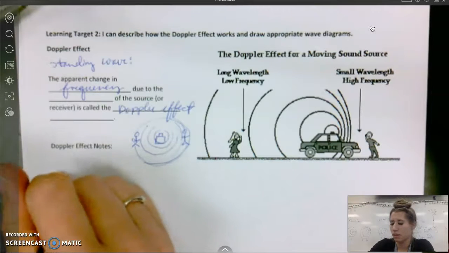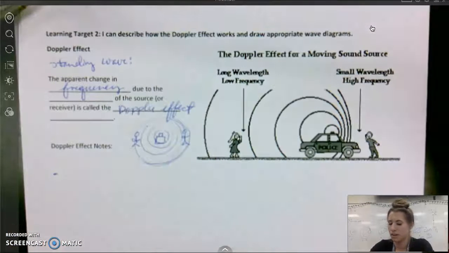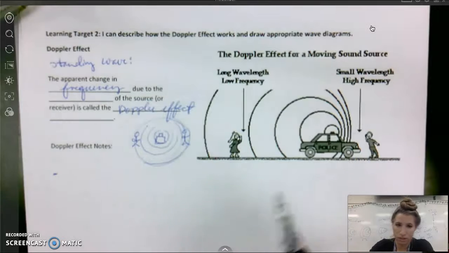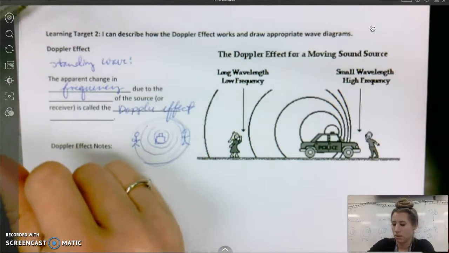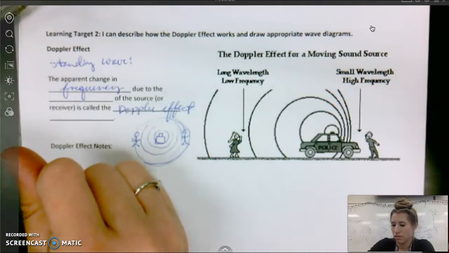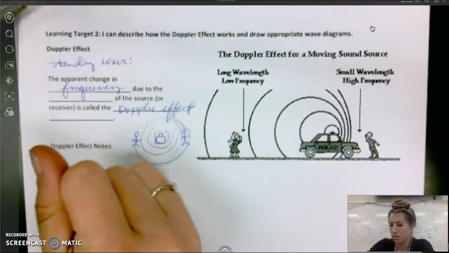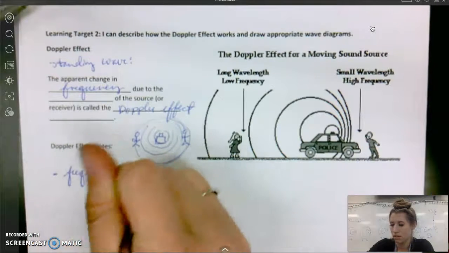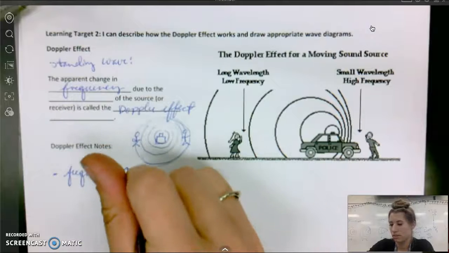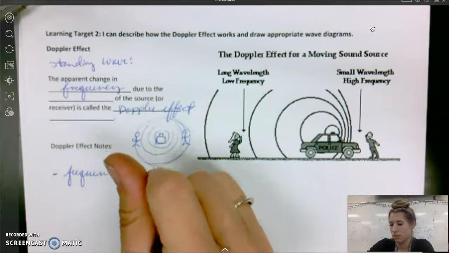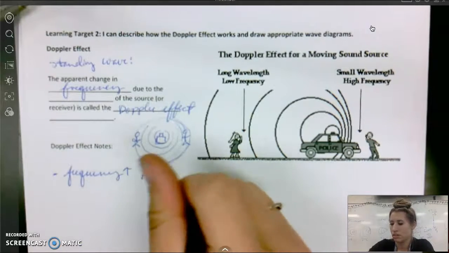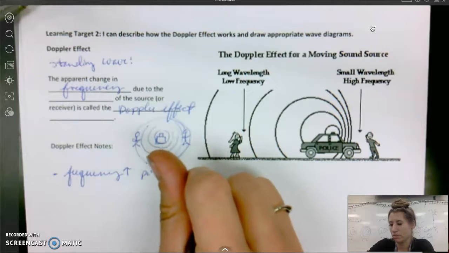So something I want you to be aware of is the relationship between pitch and frequency. Okay, so when frequency increases, pitch also increases, so that would make it proportional.